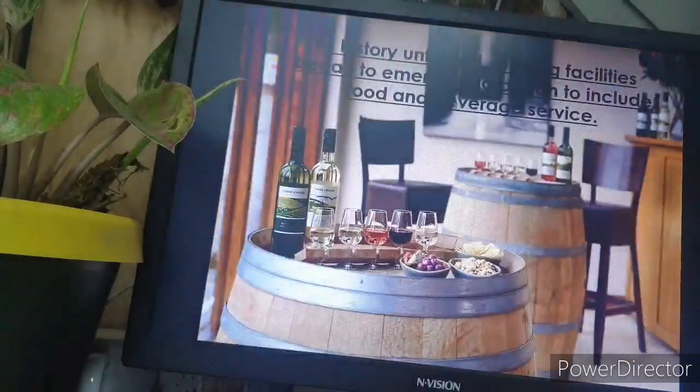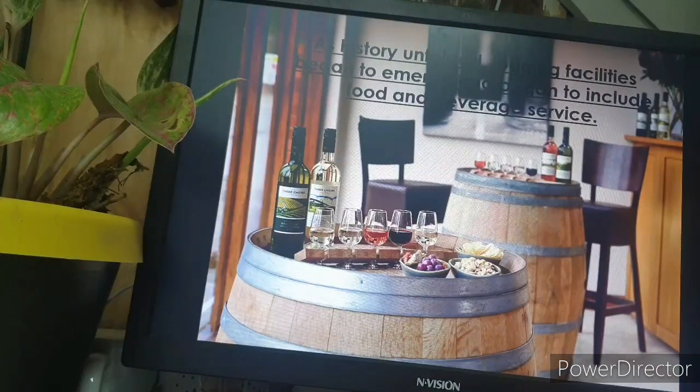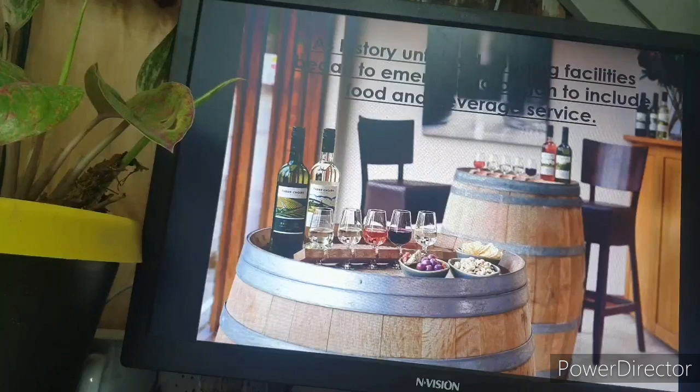Next in line, as history unfolded, lodging facilities began to emerge and began to include food and beverage. That's why we started the bed and breakfast, the B&B inns, because they were still looking for additional amenities.